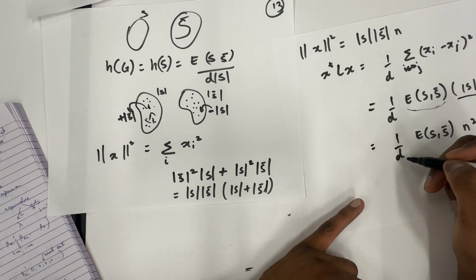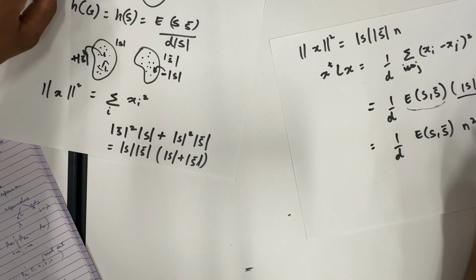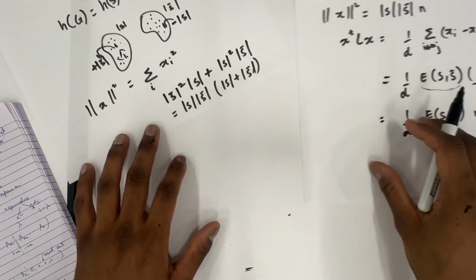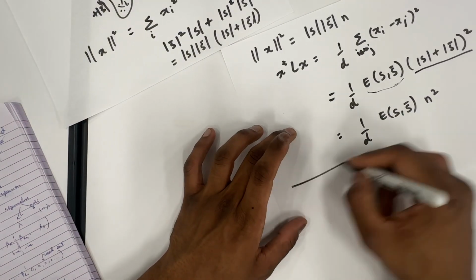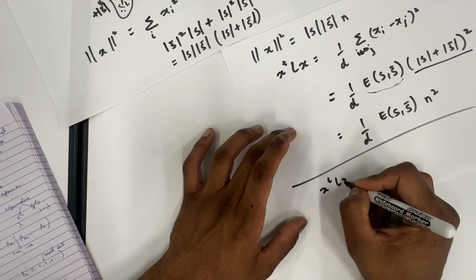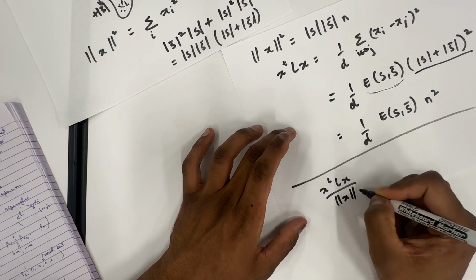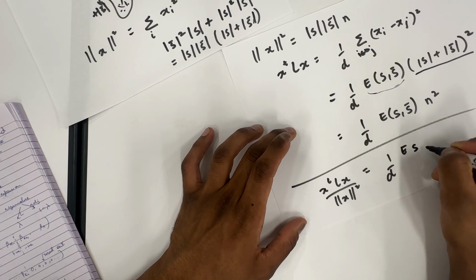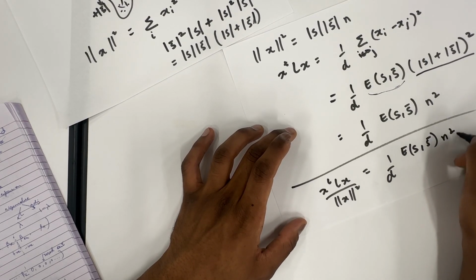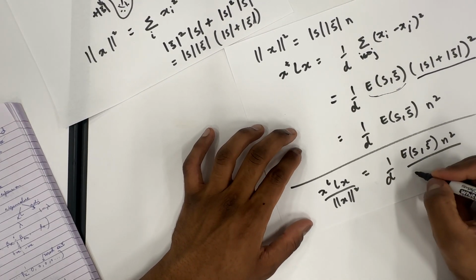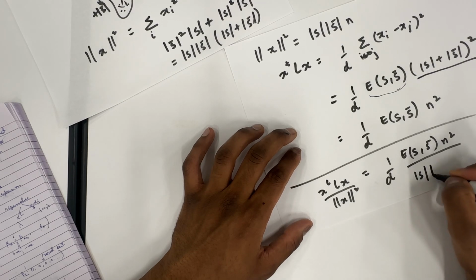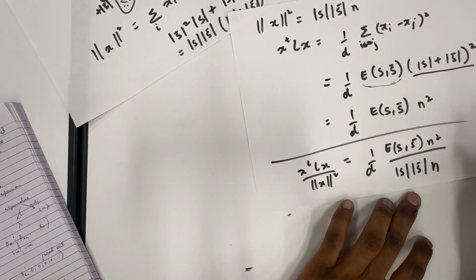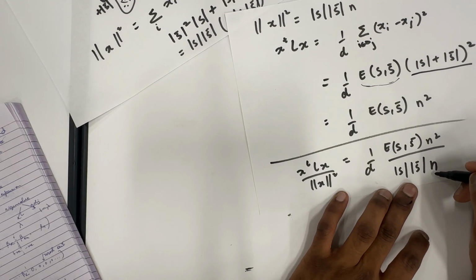So we found the numerator, and we did find the denominator. So let's just do it then. x transpose Lx divided by norm of x square is 1 over d edges S, S bar, n square, divided by S, S bar, n.